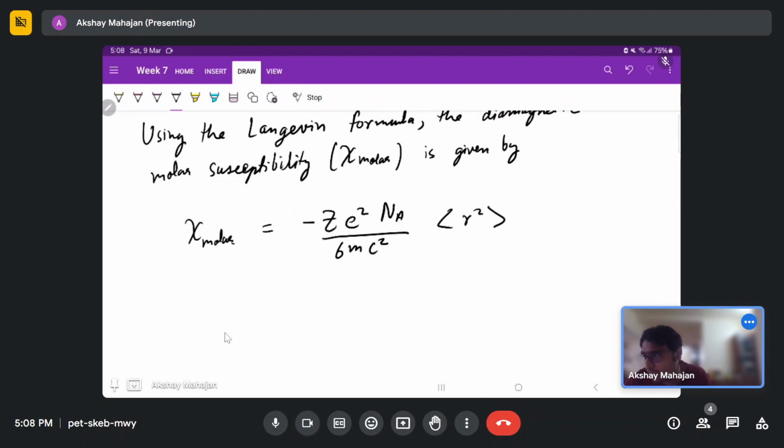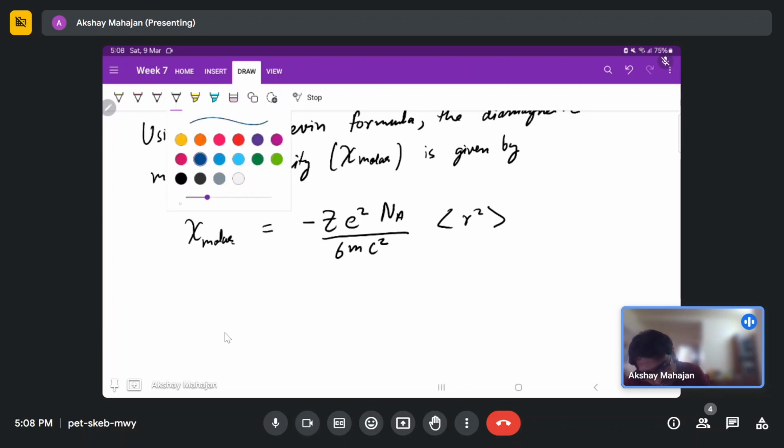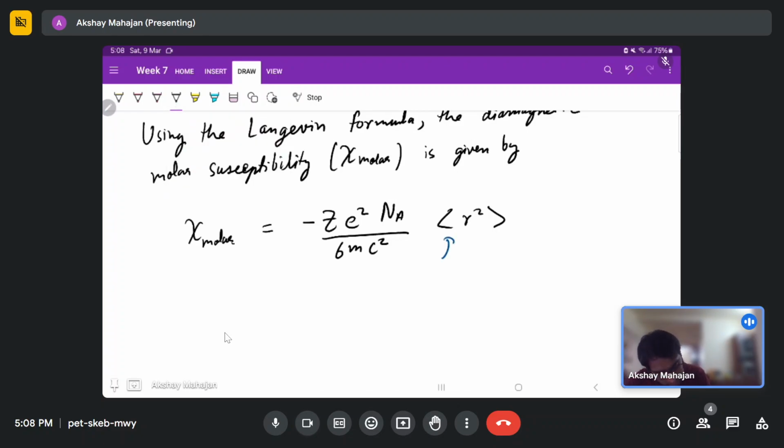This is basically the average, or you can say the expectation value, of r square.